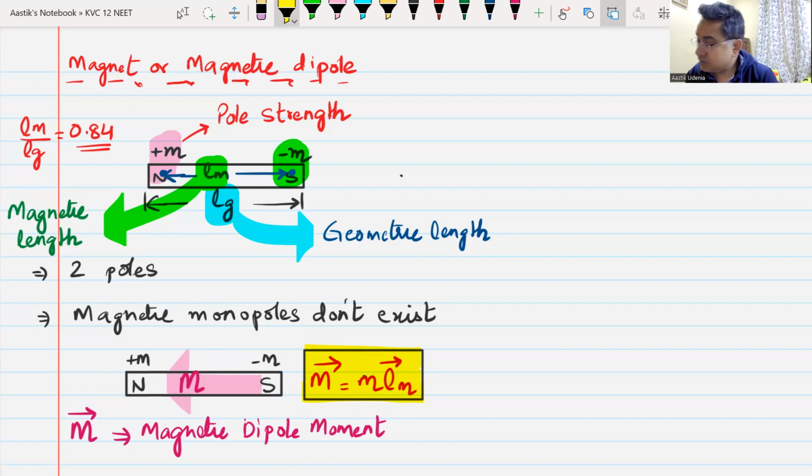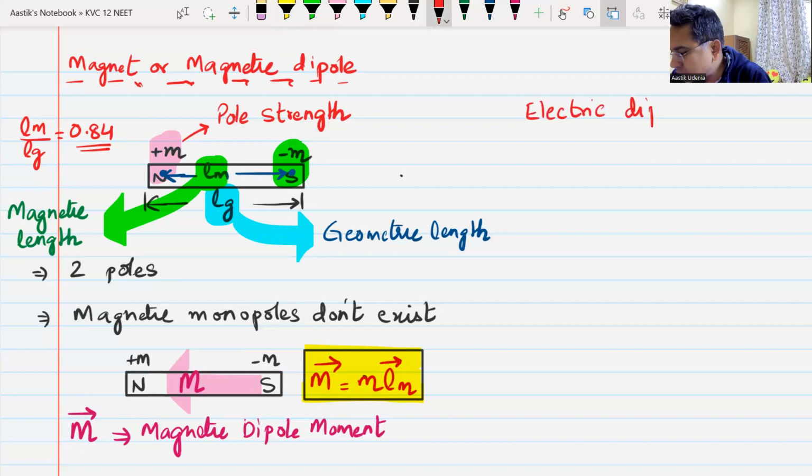Now, as soon as we hear magnetic dipole, that might remind us of a term which we had read in the previous chapter. It should remind us of the electric dipole.